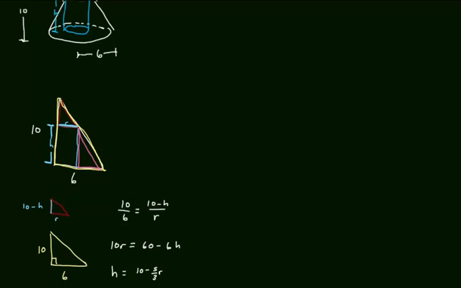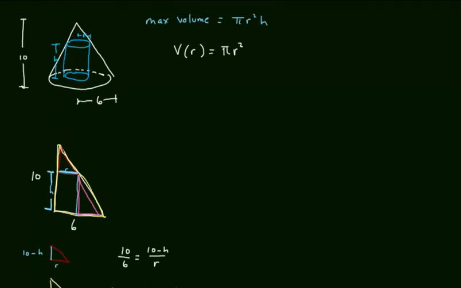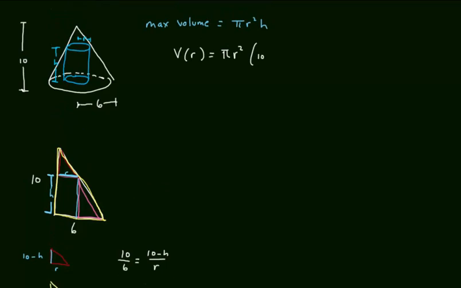So my function that I wish to optimize, volume, will be volume in terms of r, pi r squared, and then h, but h we saw was 10 minus 5/3 r. Now everything is in terms of r, and this is desirable. Let's take a look at domain.